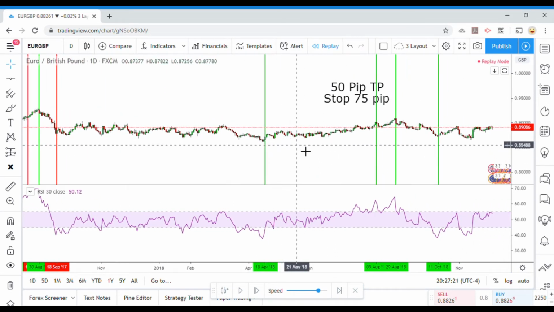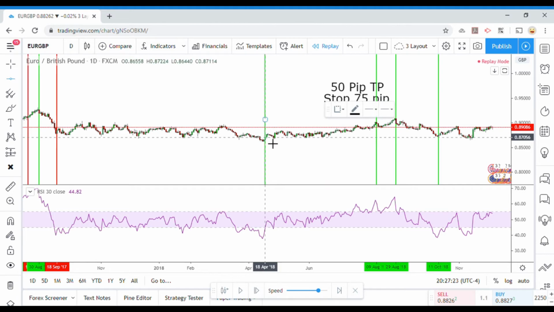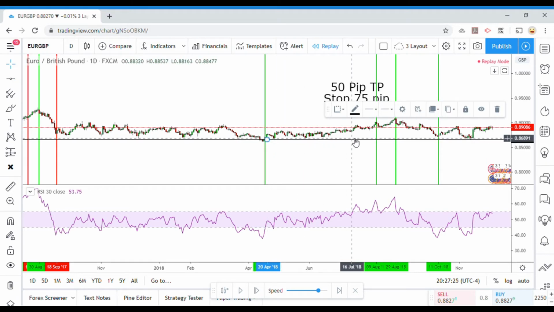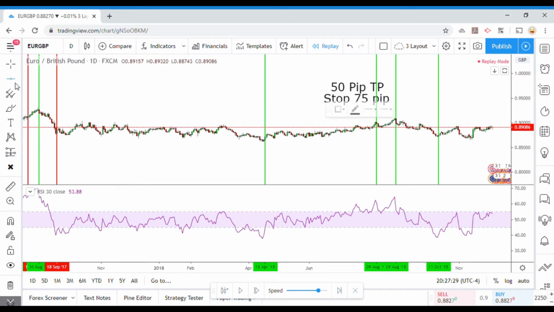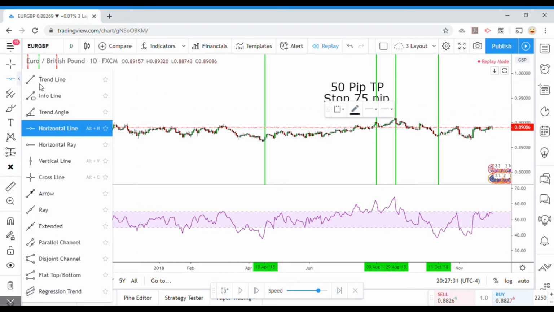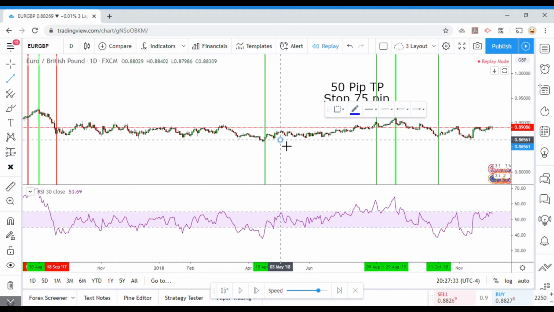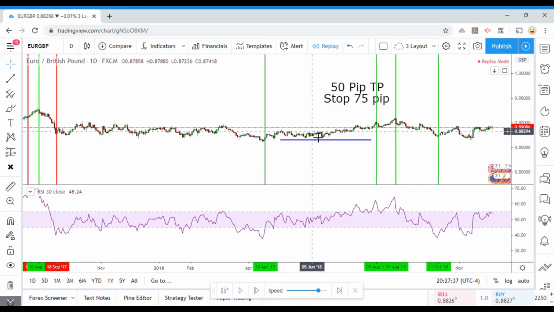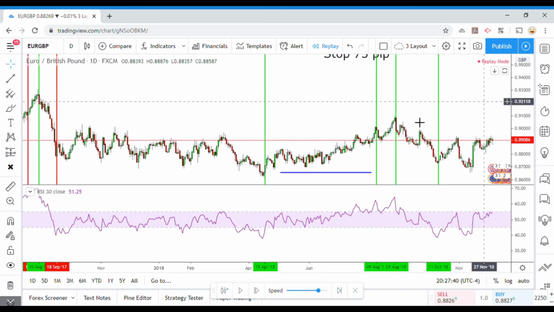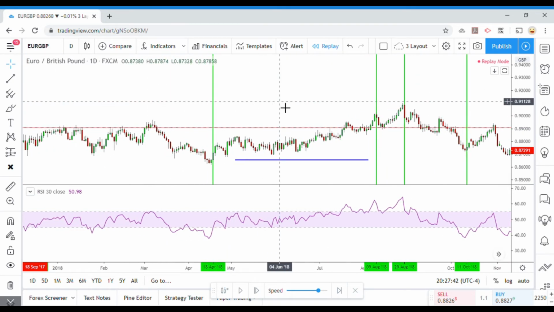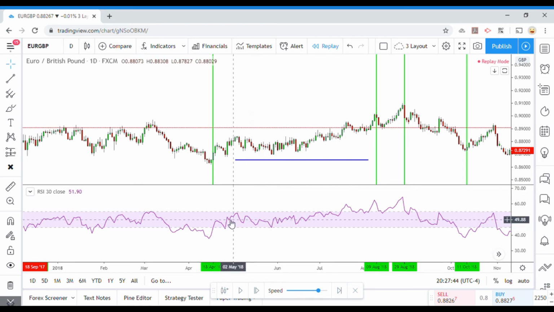See how we get these long, drawn out areas right here of basically just chop, ranging where the market's not really doing much.